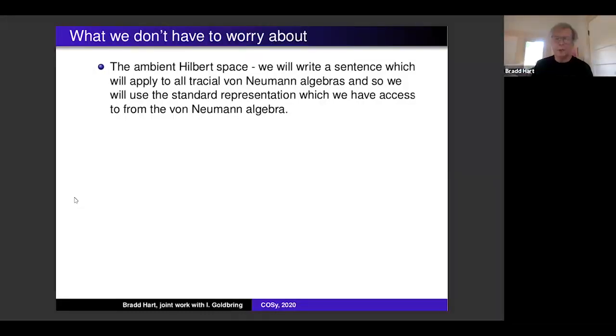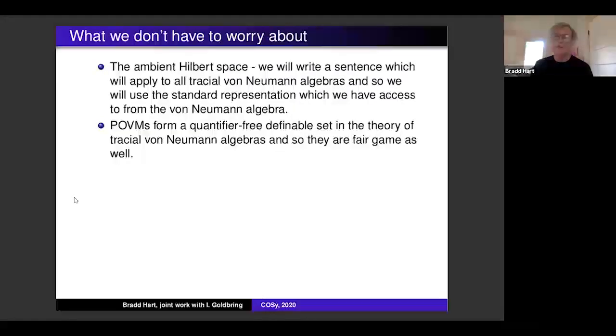All right, so the ambient Hilbert space won't hurt us. The POVMs are actually a quantifier-free definable set, which is nice, and so we're allowed to quantify over those. That's a little technical. If you don't know what that means, then just believe me that the POVMs are not going to hurt us either.